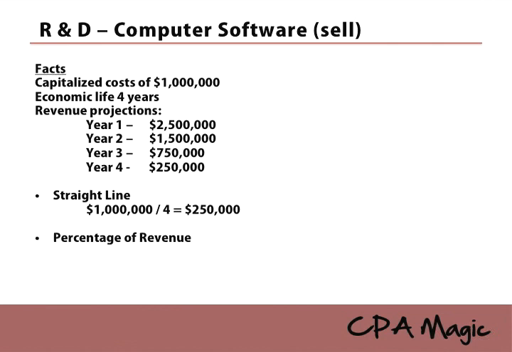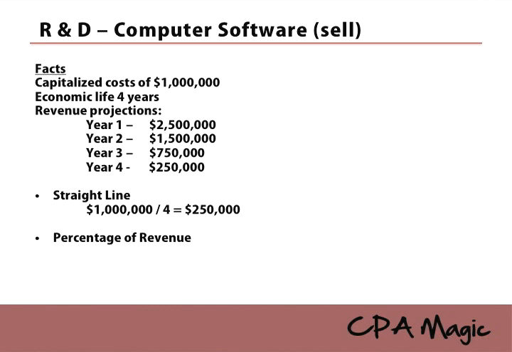Using the percentage of revenue method, I actually need to know the specific projected revenue or the actual sales, which is what you're going to normally see on the CPA exam. Actual sales, probably more so than projected revenue. This is the same thing.